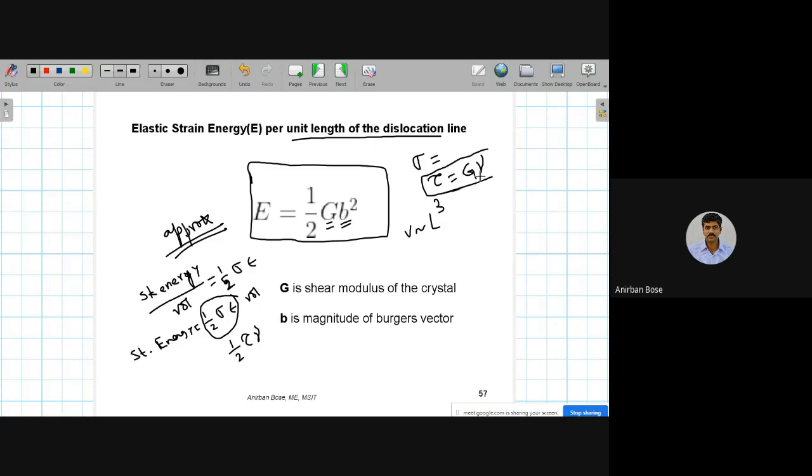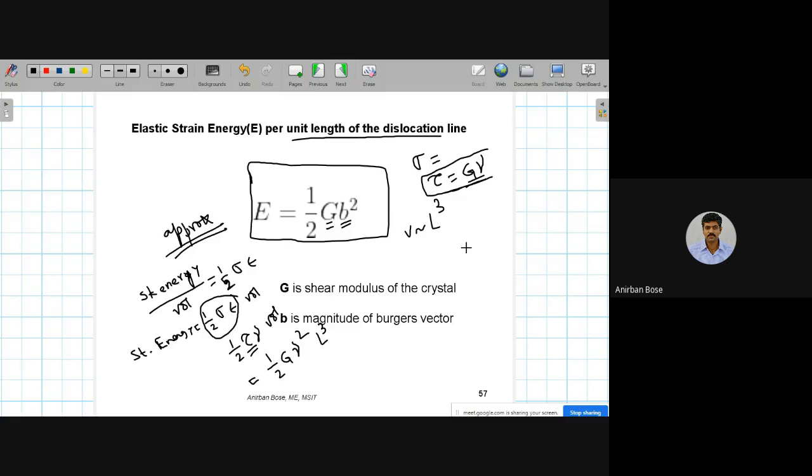If you multiply this quantity by volume, it will become half into G into gamma square, because if you replace the shear stress by G into shear strain, there is already one shear strain, so it will be G into shear strain square into volume, and volume is in the order of L cube. This is the kind of expression you get for the strain energy.